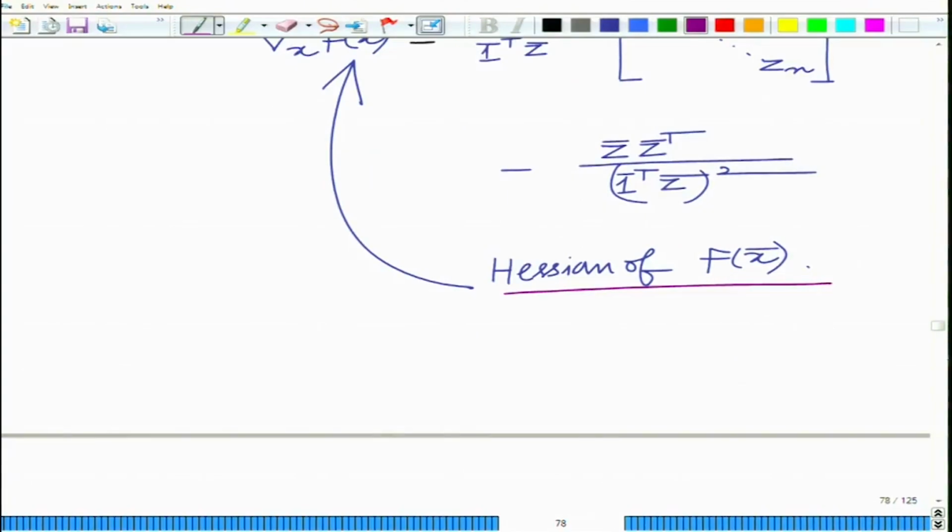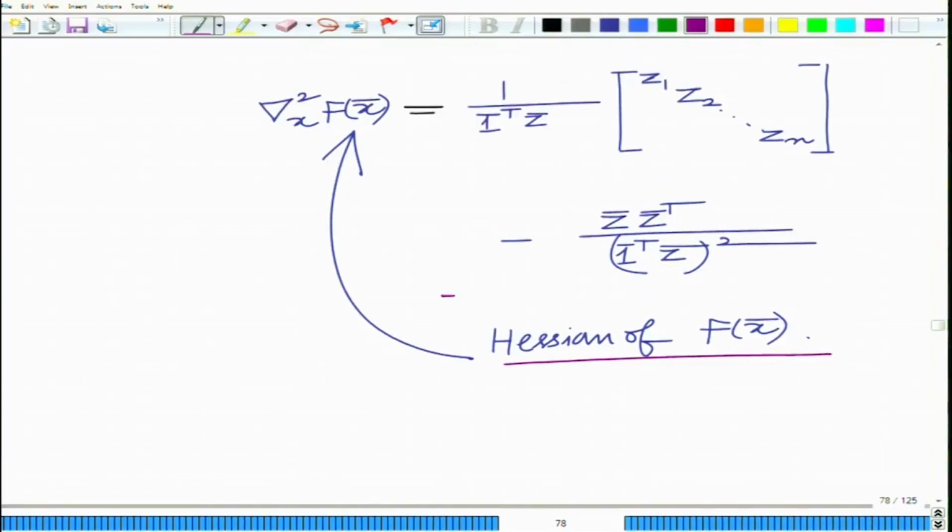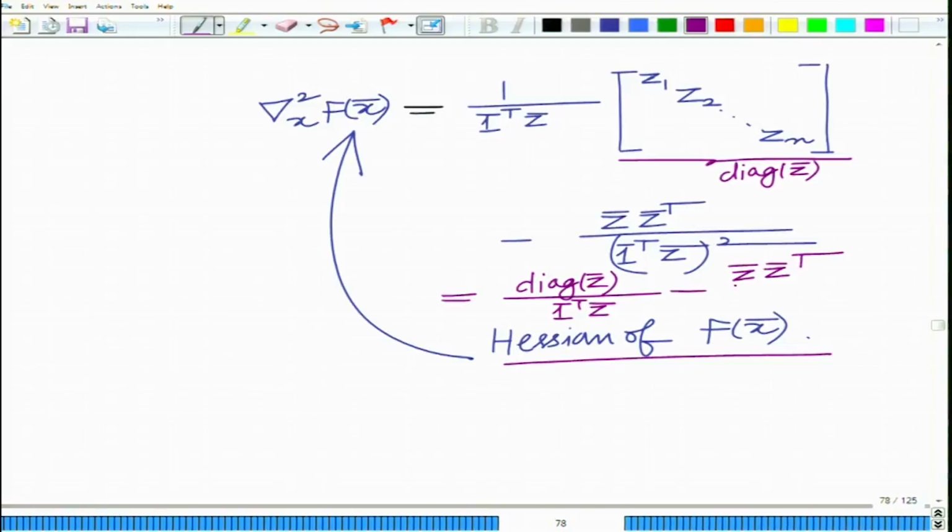I can also write this, as one last simplification, since this is a diagonal matrix that contains the vector z bar on its diagonal, simply as diagonal z bar divided by 1 bar transpose z bar minus z bar z bar transpose divided by 1 bar transpose z bar whole square.